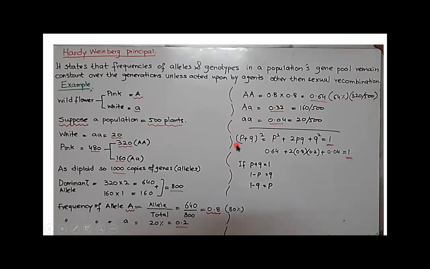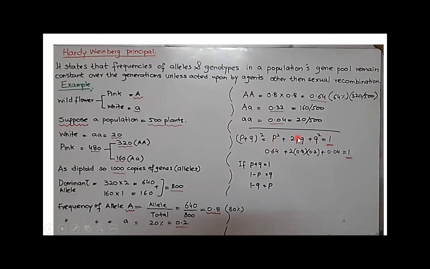Now, according to the Hardy-Weinberg theorem, (P plus Q) square is equal to P square plus 2PQ plus Q square, which is equal to 1. It should be 1. So by putting the values, we are taking P square as the homozygous dominant.